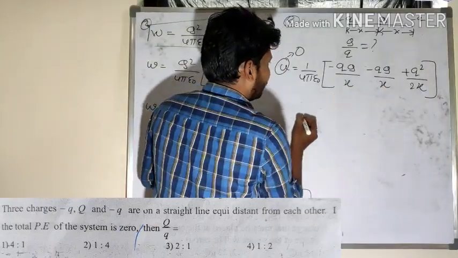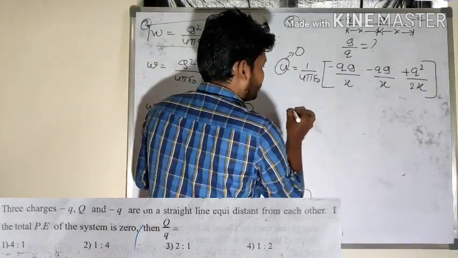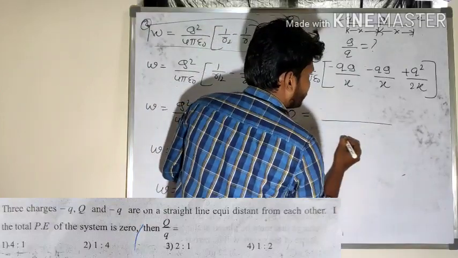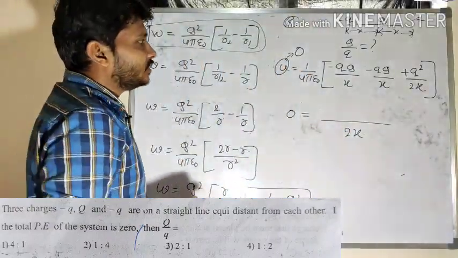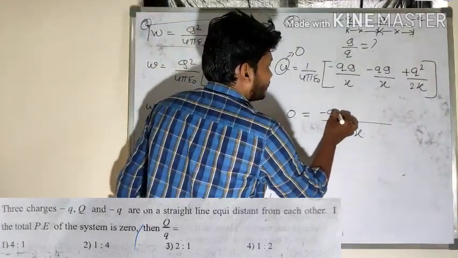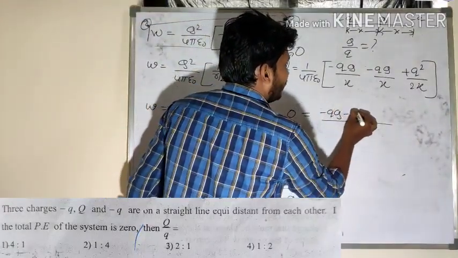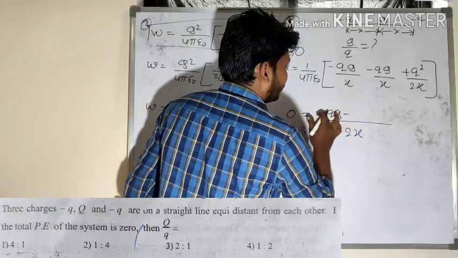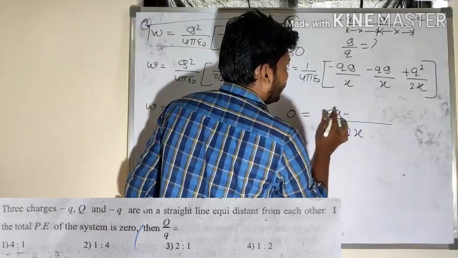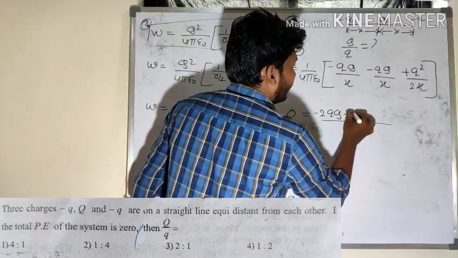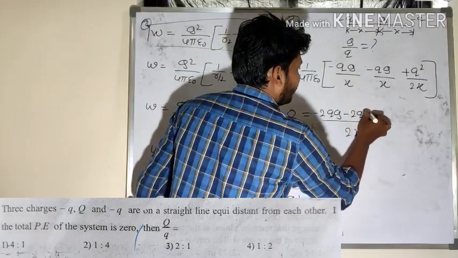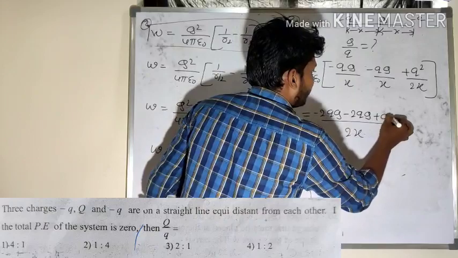Look here, I take that this entire thing is 0. So 0 is equal to, let me take the LCM, which becomes 2x. So minus 2 times of q into Q, minus 2 times of Q into q, plus of q square.